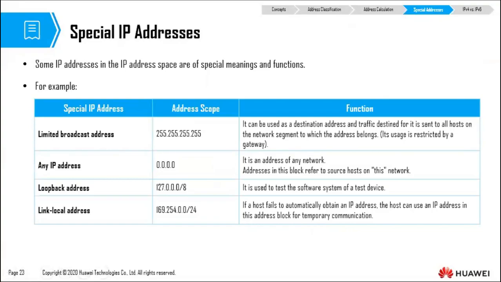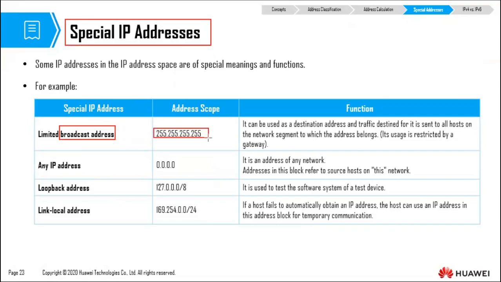We have a few addresses that are referred to as special addresses. One of them is called the broadcast address. The very last address. The reason they are calling it limited is because it cannot go beyond the network that it has been created in.